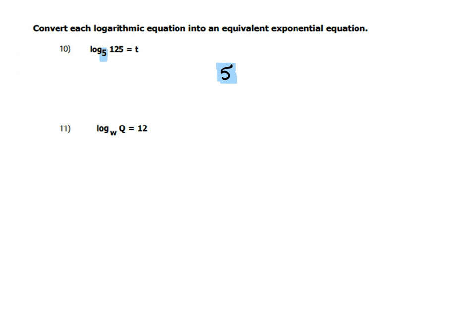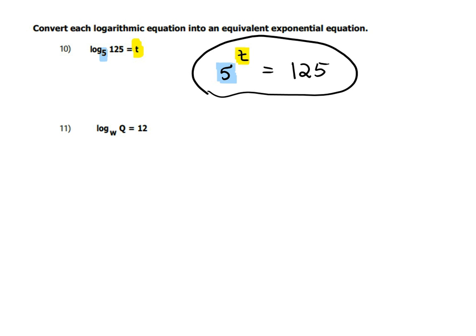And then remember, logarithms are exponents. So when you see a log of something set equal to something, that something is your exponent. And then the only thing left in that logarithm was the 125, so that's what it's got to equal.